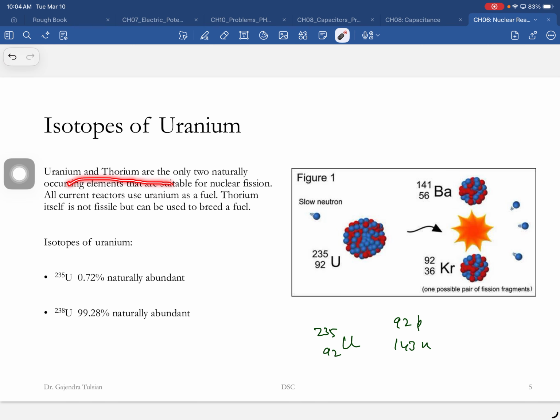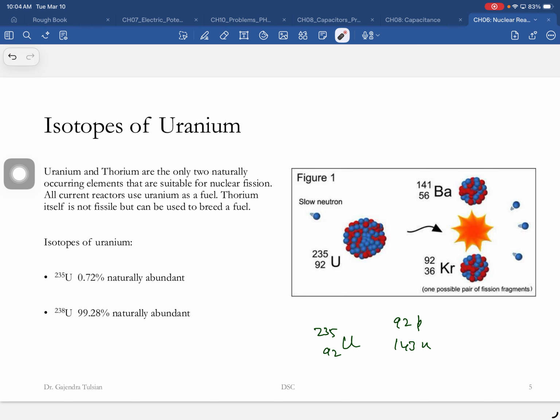Uranium and thorium are the only two naturally occurring heavy elements you can use in a nuclear reactor. What are the naturally occurring elements? Everything in black is naturally occurring, and everything in the light white color is man-made.